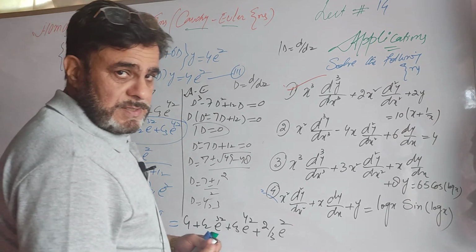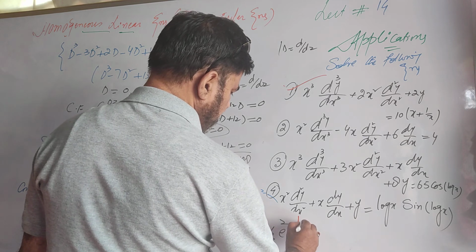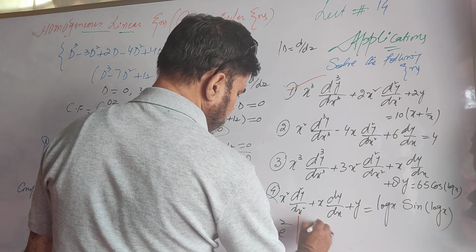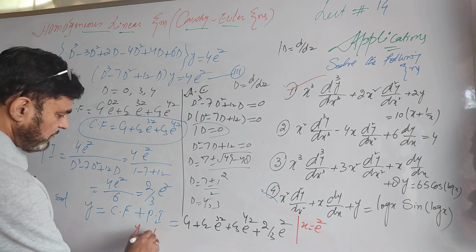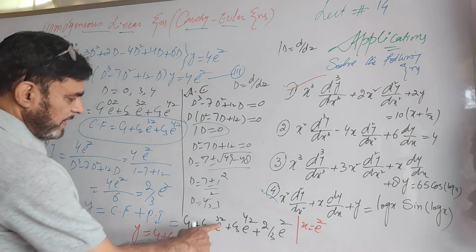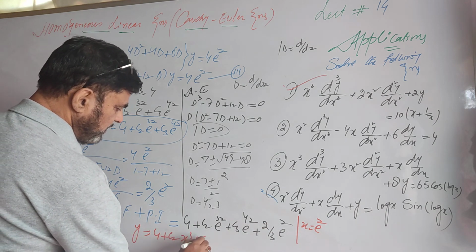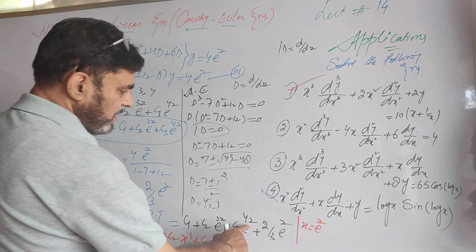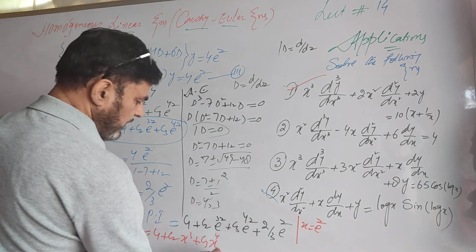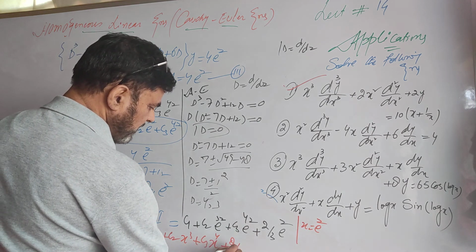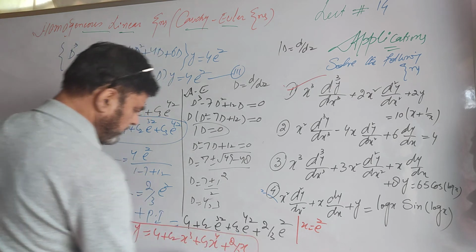Your substitution was x is equal to e raised to power z. So you can write the solution y is c1 plus c2 x cube, c3 x to the 4, because e raised to power 3z means x cube and e raised to power 4z means x to the 4, then plus 2 by 3 e raised to power z means simply x. This is the solution of this differential equation.